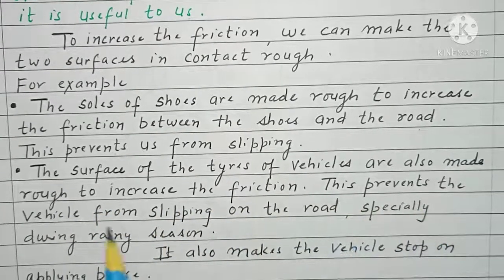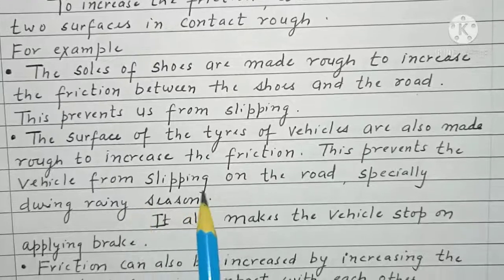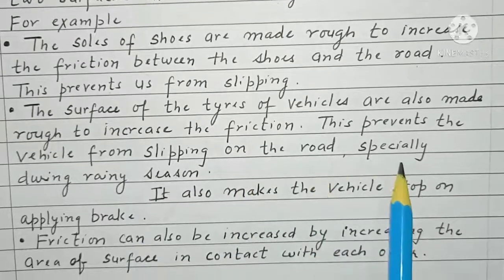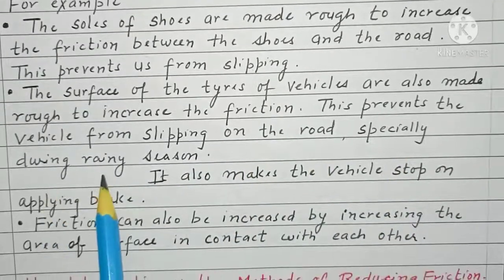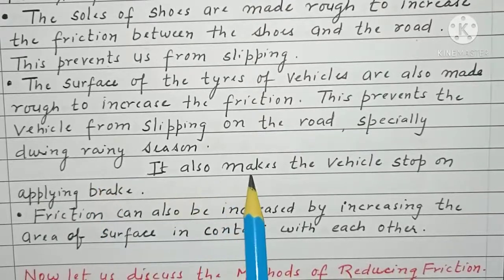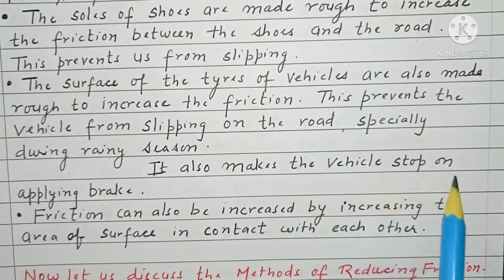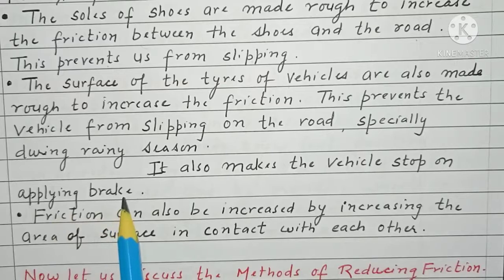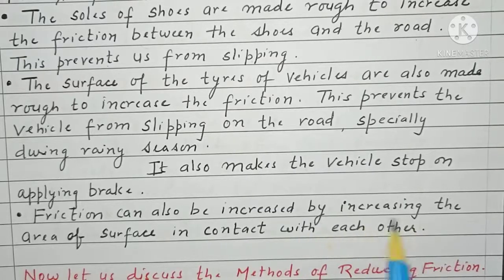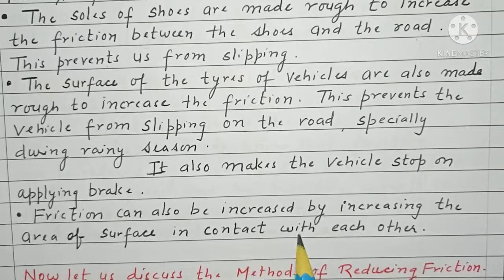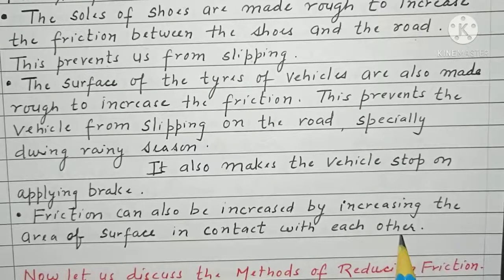This prevents the vehicle from slipping on the road, especially during rainy season. It also makes the vehicle stop on applying brake. Friction can also be increased by increasing the area of surface in contact with each other.